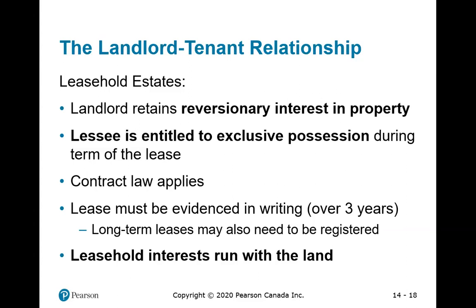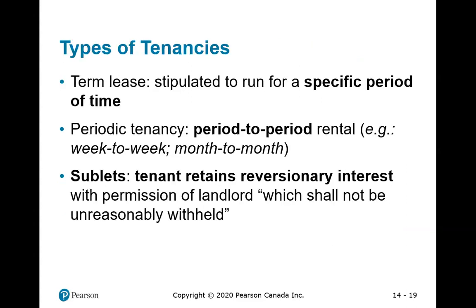So it may be for a specific period of time, or could also be, as they call it, periodic. A periodic tenancy is a tenancy that renews automatically. So if I have a periodic tenancy, it means that it will renew automatically every month, or every year, or every 10 years. It depends on the length of the tenancy.